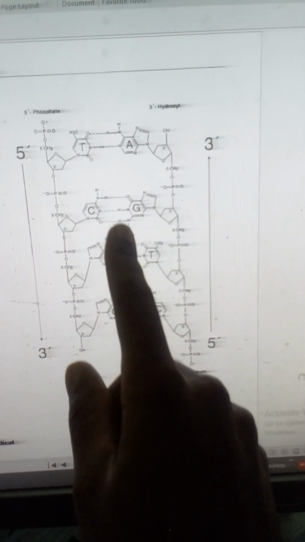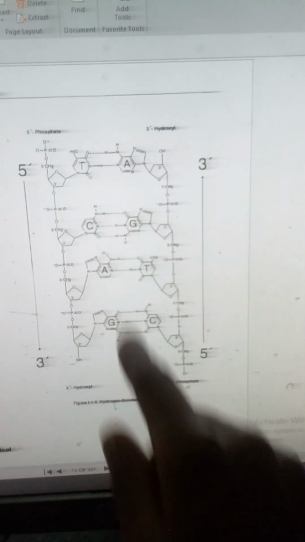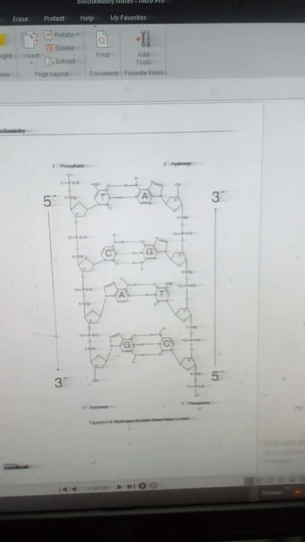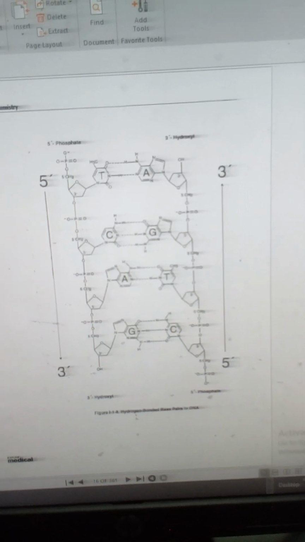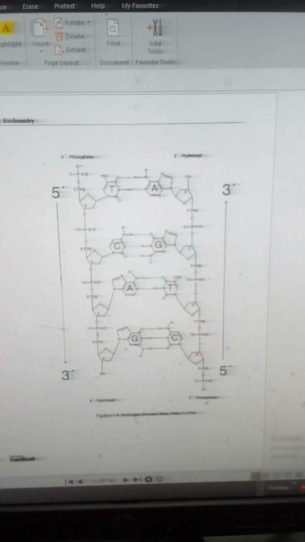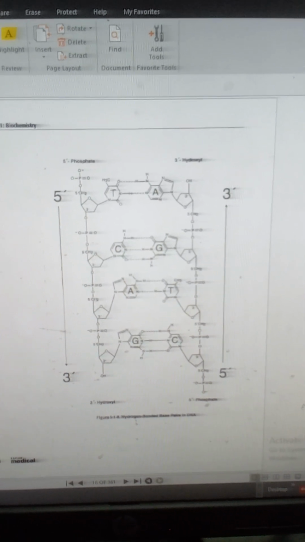You can see these dotted lines in between. They are the hydrogen bonds. So that is the first rule. The two strands are anti-parallel. The two strands run in opposite directions.